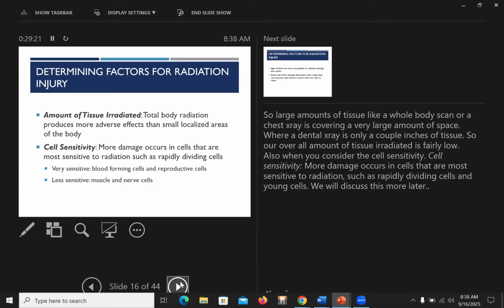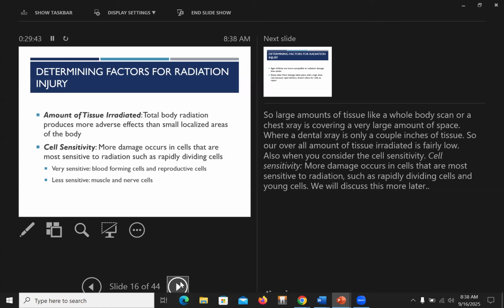The easy way to think about this is if a cell is rapidly dividing. You can think of that in terms of anybody that's young. A kid is growing, right? Their cells are constantly rapidly dividing. They're not done growing yet. So kids are particularly at risk.